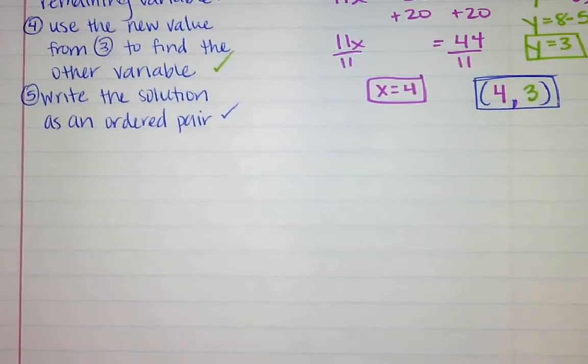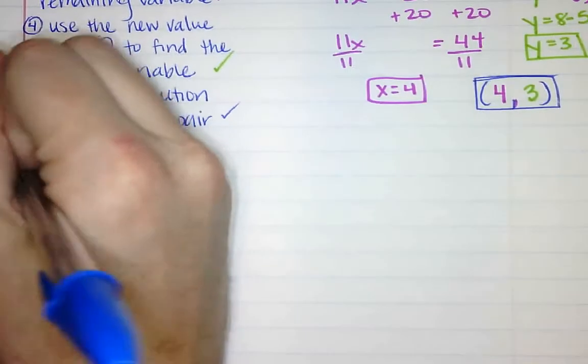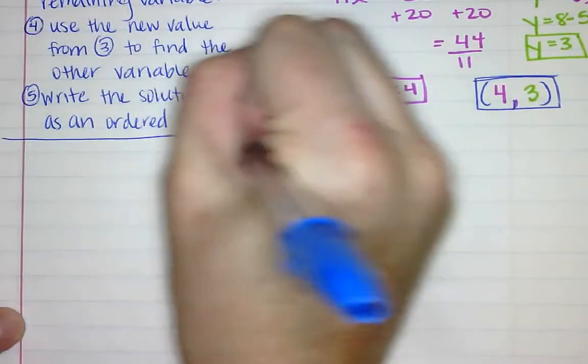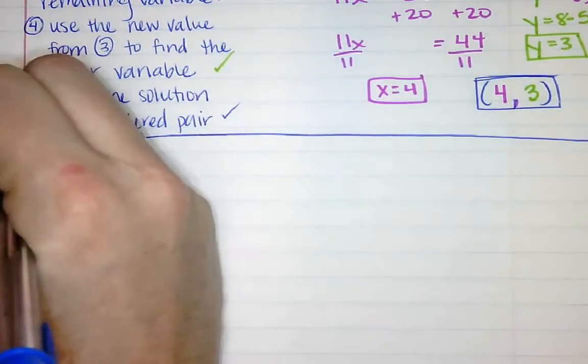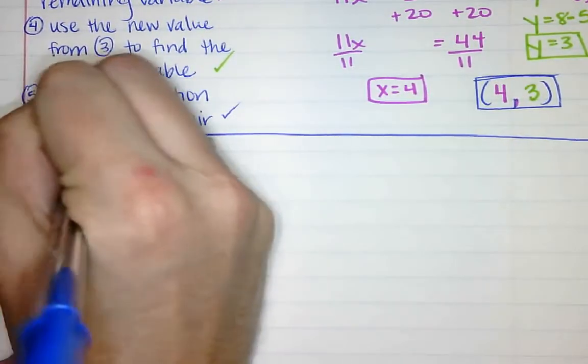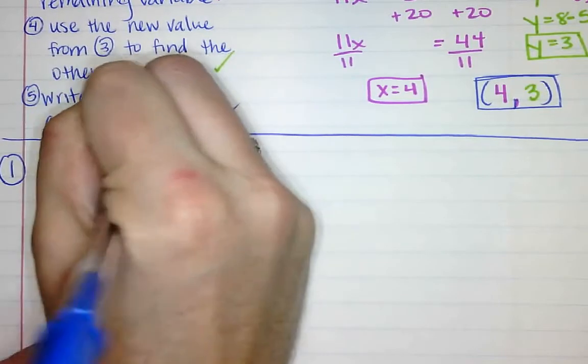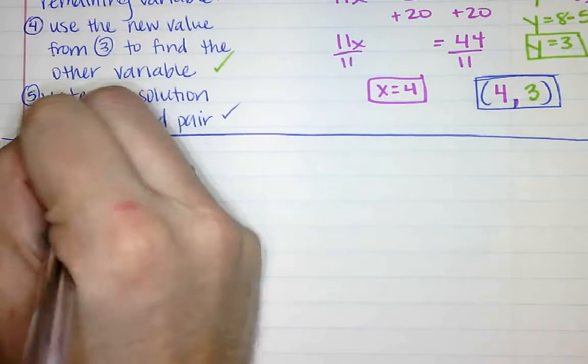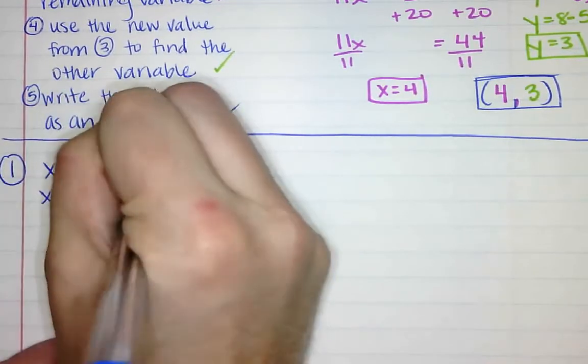All right, so let's see here. For my first official problem that I'm going to give you, number 1 here, we are going to say x plus y is equal to 38, and x is equal to 2y minus 25.